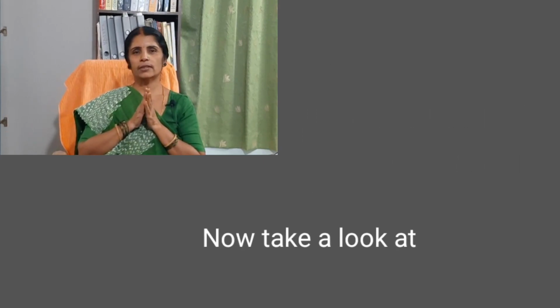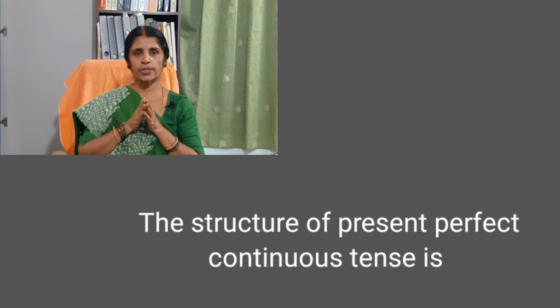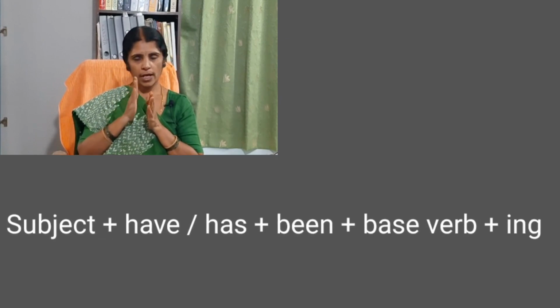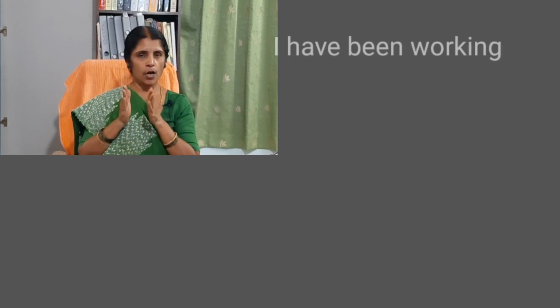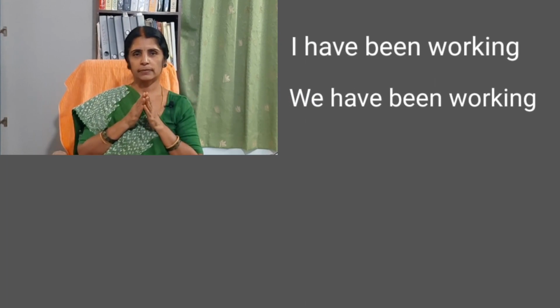Now take a look at how to use present perfect continuous tense. The structure of present perfect continuous tense is subject plus have, has plus been plus base verb plus ing. I have been working. We have been working.